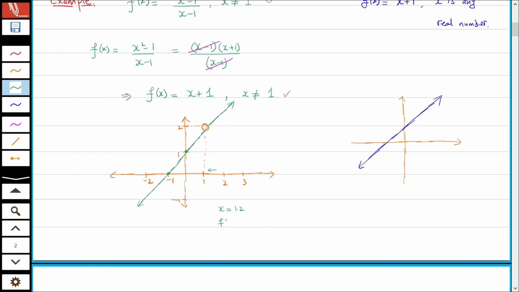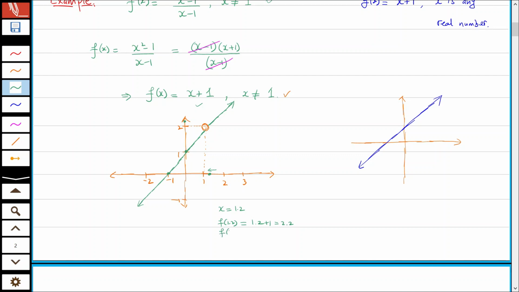F of 1.2 would be equal to, using this function, 1.2 plus 1. This is 2.2. If 1.2 is here on the x-axis, then 2.2 would be somewhere here on the y-axis.